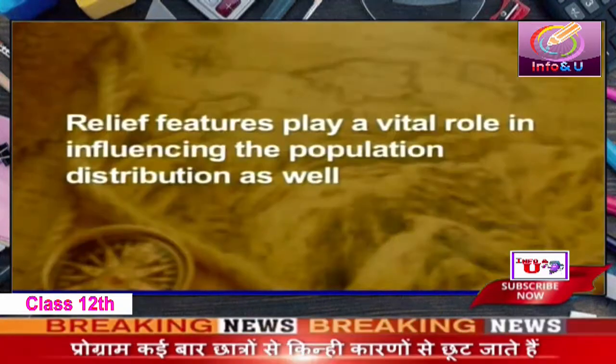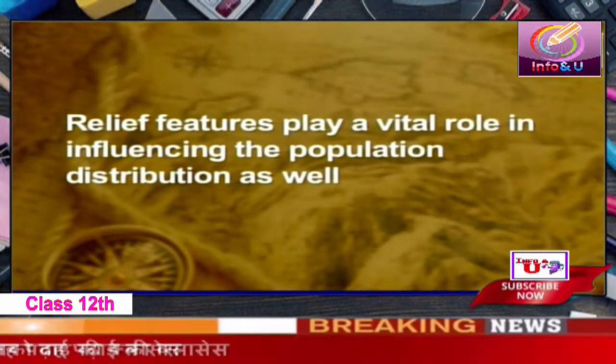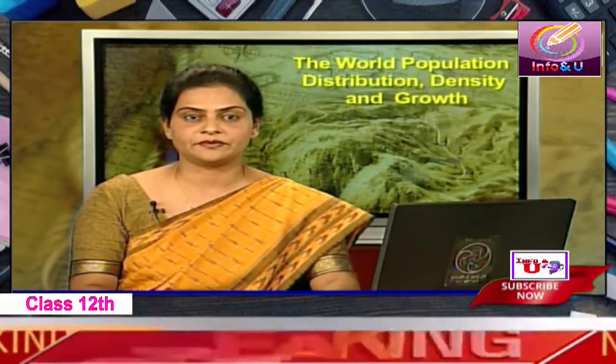Relief features play a vital role in influencing the population distribution as well. The main concentration of human population is confined to the areas marked by flat topography. The fertile plains always attracted the people.